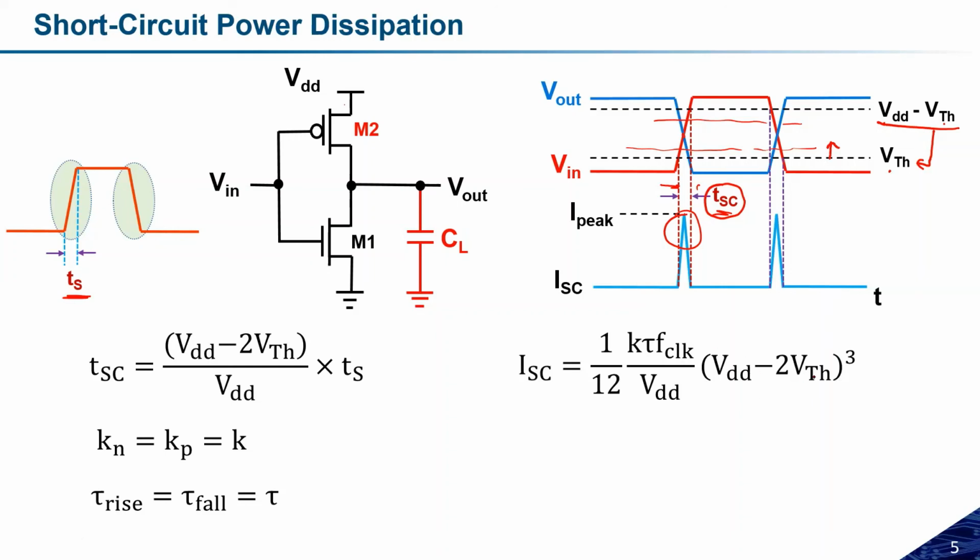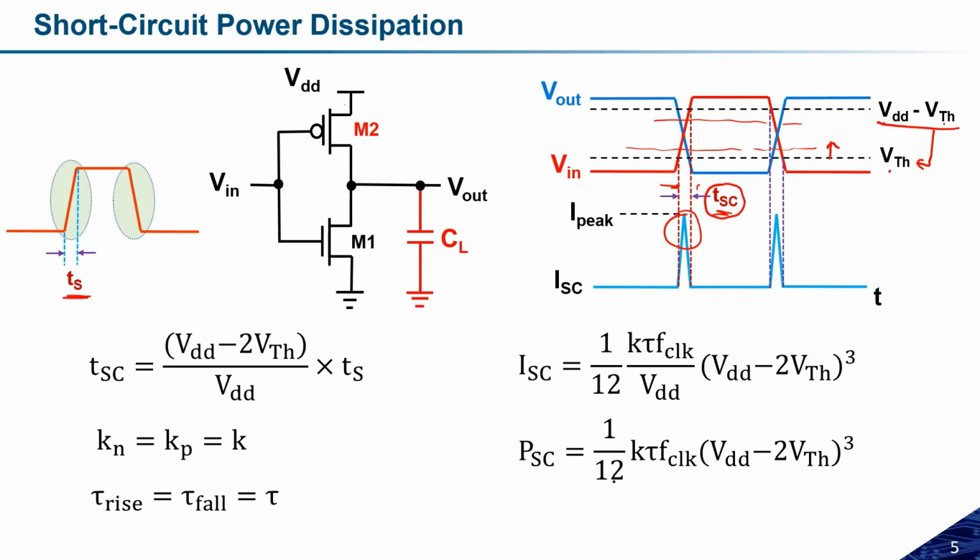So VTH becomes an important component, and VDD is also important in deciding the ISC. The ISC depends on K, the rise time and fall time, clock frequency, VDD, and VTH.